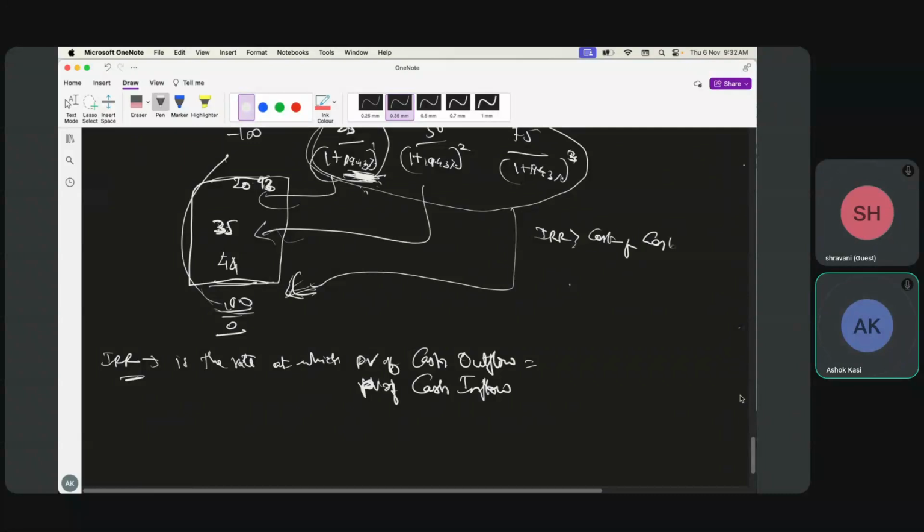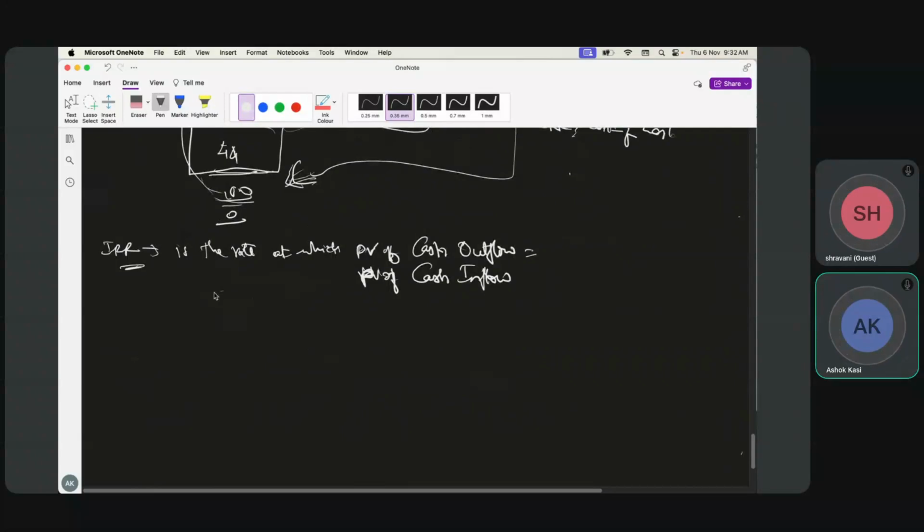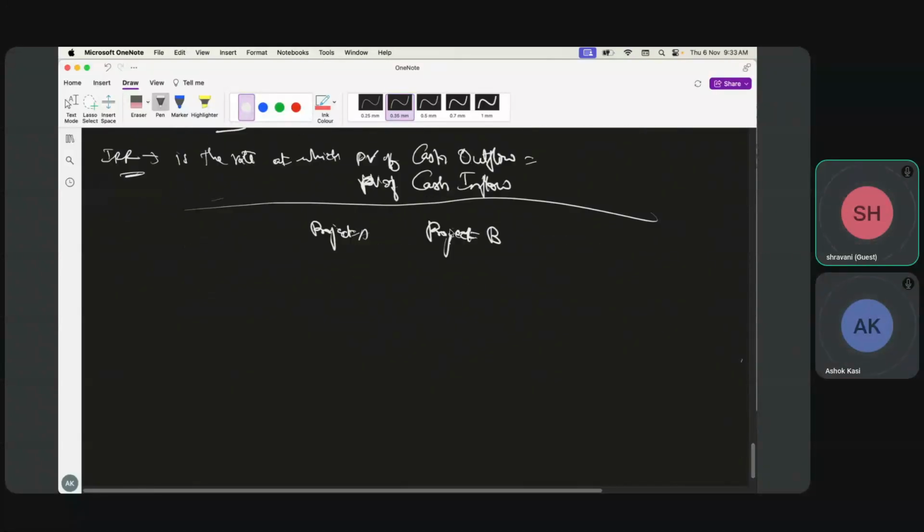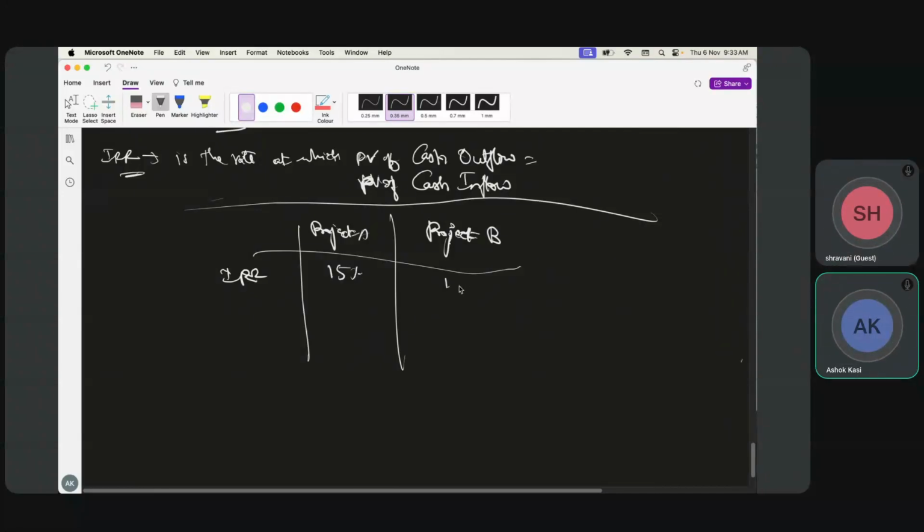between NPV and IRR, which one will you prefer more? So imagine there is a case, project A, project B. Let's say IRR is 15 percentage, 10 percentage.